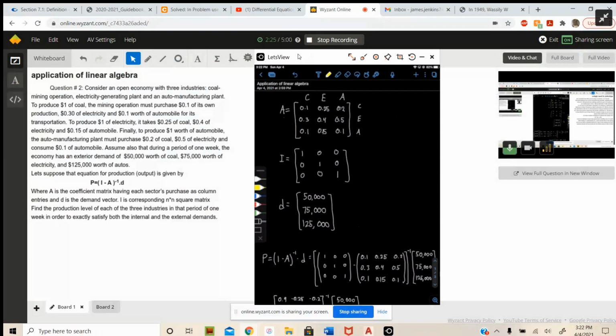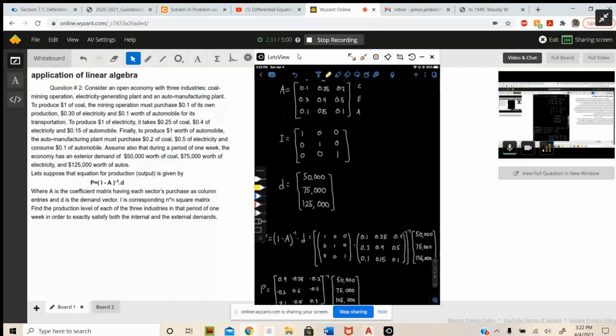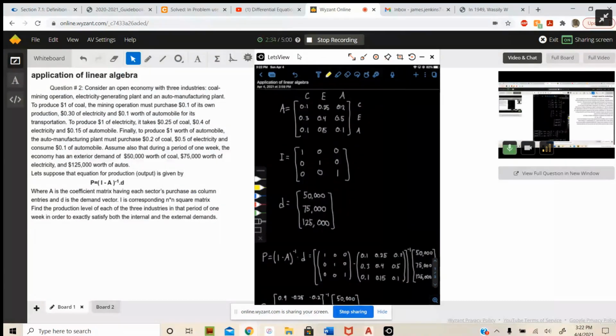The I matrix is the identity matrix, but it is basically saying that in order for the coal industry to produce $1 of its own product, it must purchase this amount of material from each industry. So the I matrix follows the same format as the A matrix.